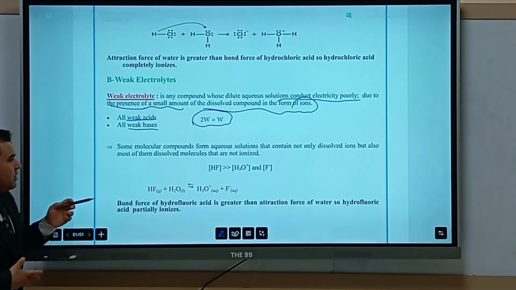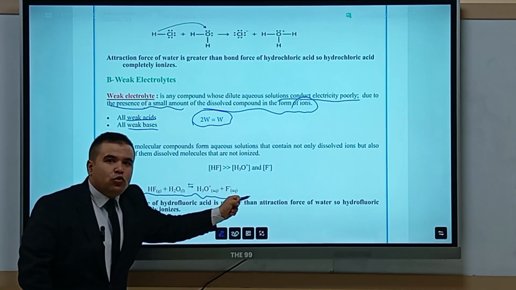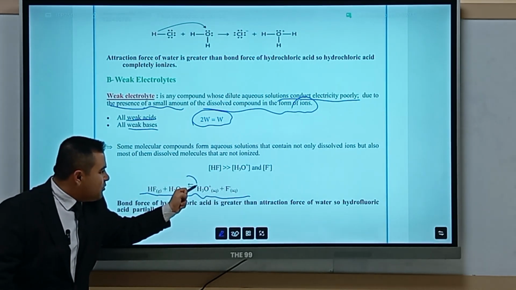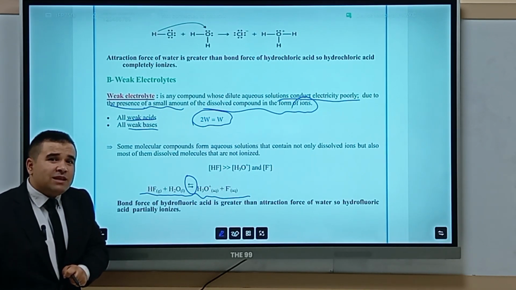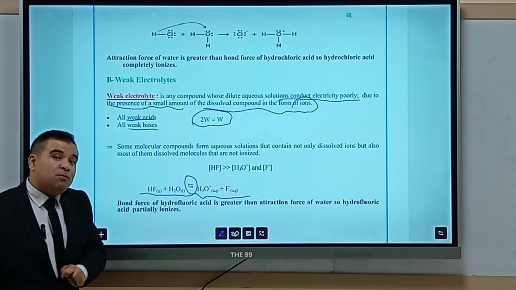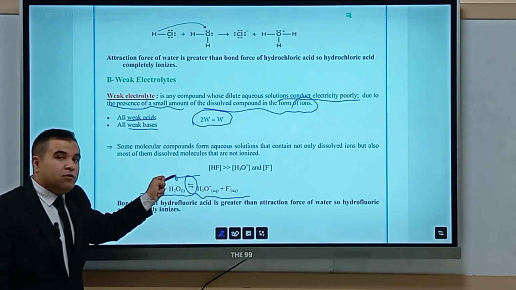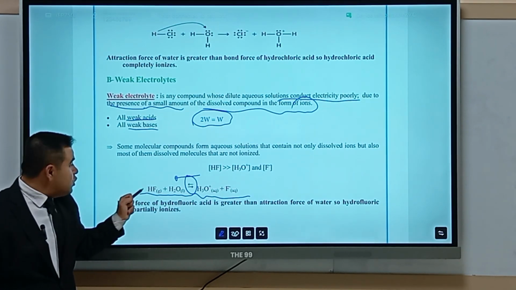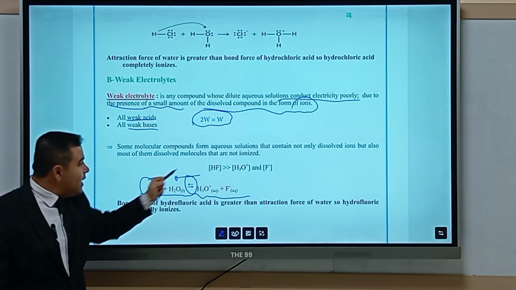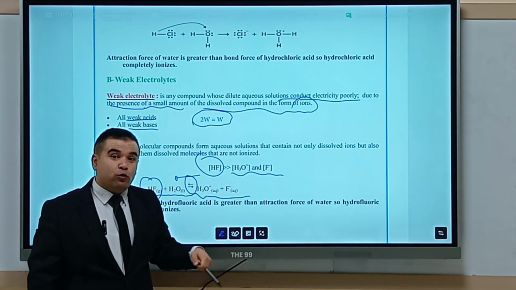And the example here, HF with H2O forms hydronium and F. As you can notice, it's represented by a double arrow, which means the compound is ionized partially. The reverse reaction is favored in this process, and the concentration of the HF as non-ionized is much higher than the hydronium and the F, the ions.